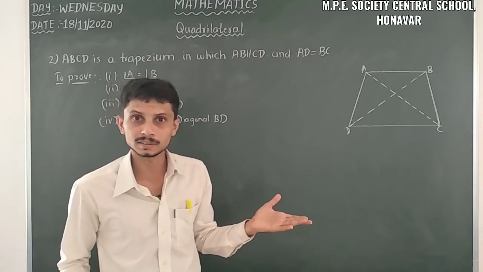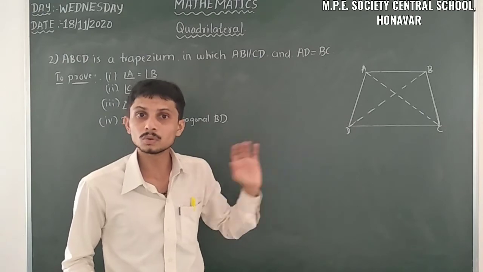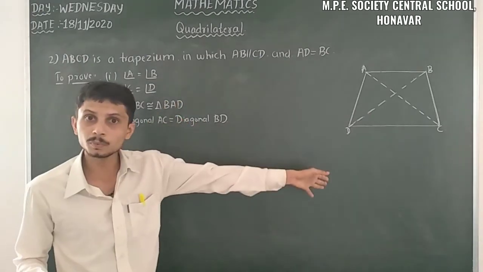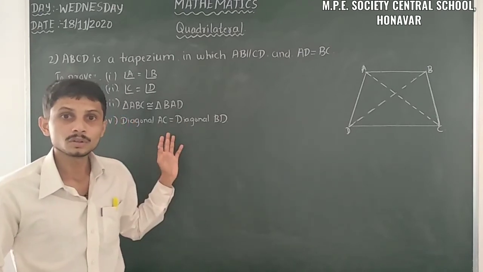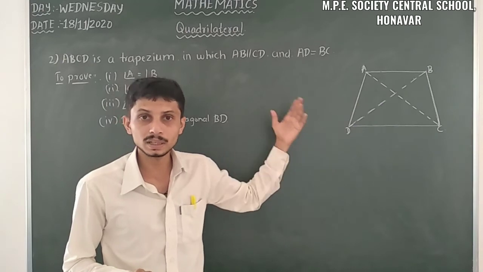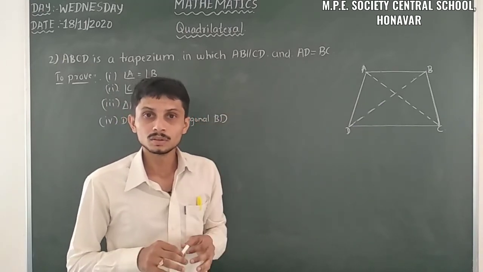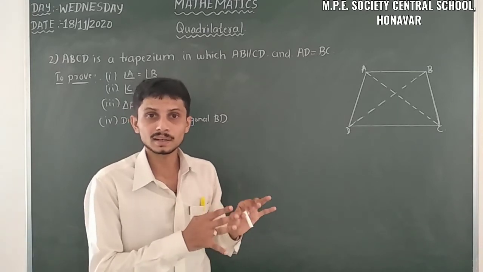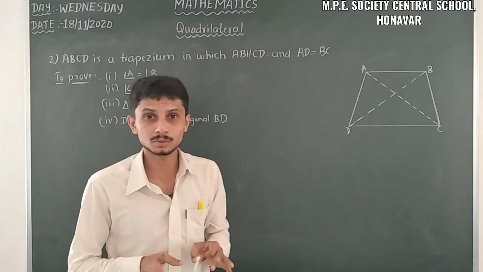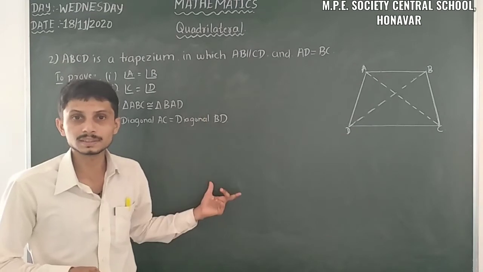And what about other things? There is nothing else possible, because diagonals AC and BD are what we have to prove. And there is no other angle given. So any congruence rule, such as SSS, is not possible to prove this.